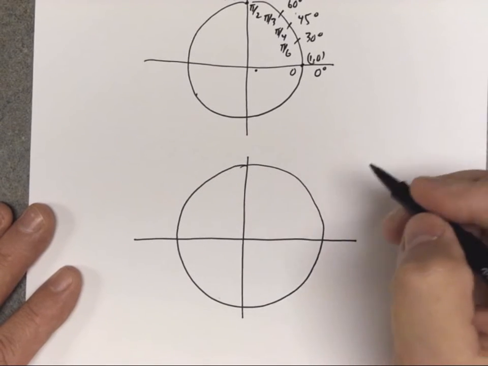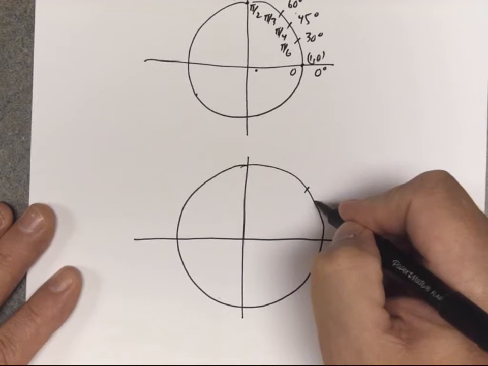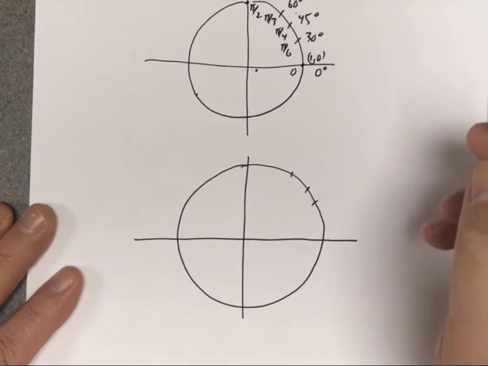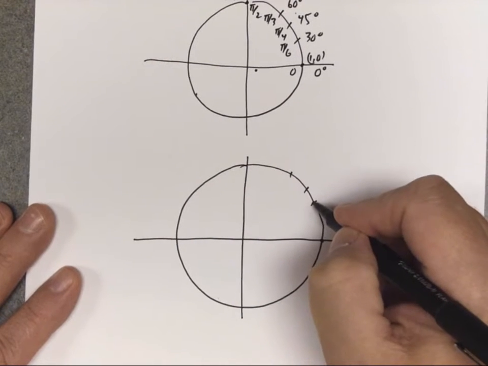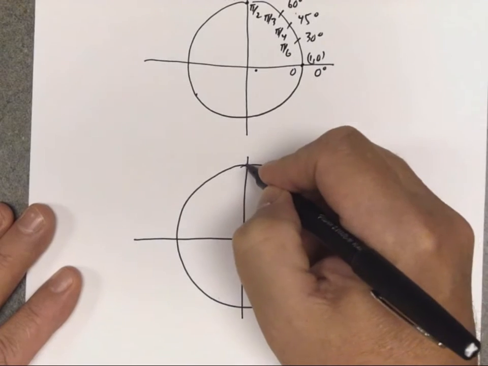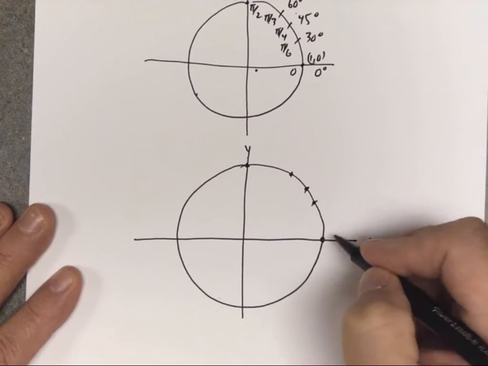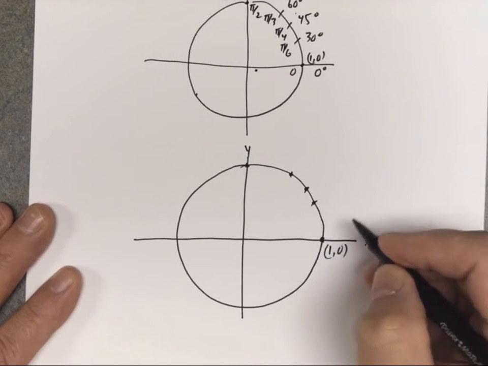And for these special angles, I've got 45 degrees, 30 degrees, 60 degrees. For each of these points, I'm going to show you what the x and the y is. The x and the y for this one: (1, 0).